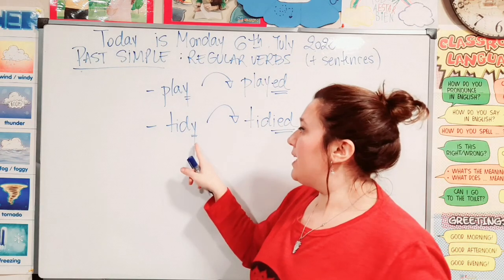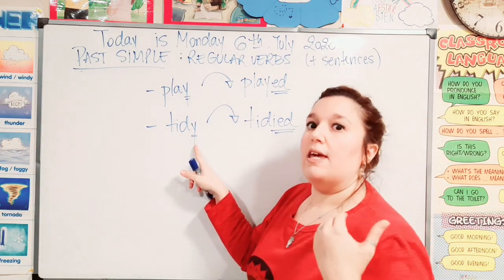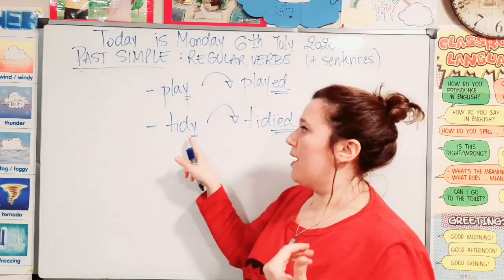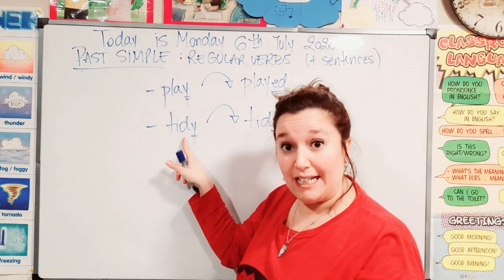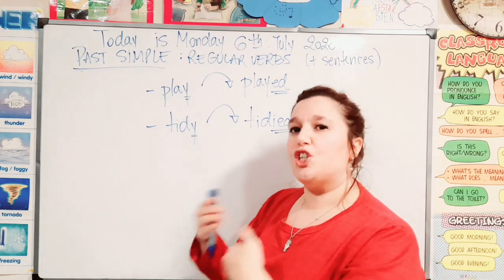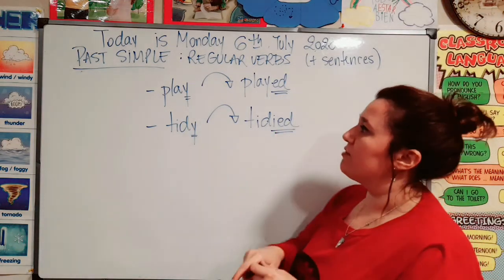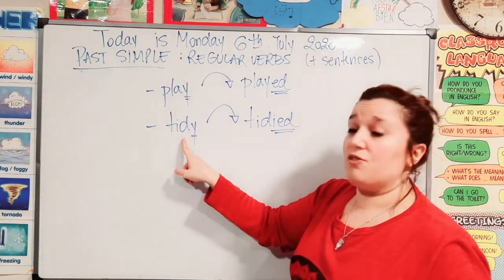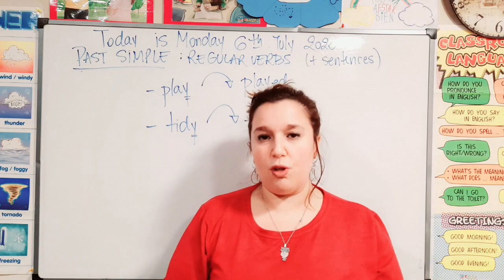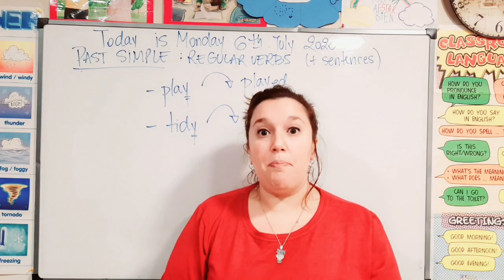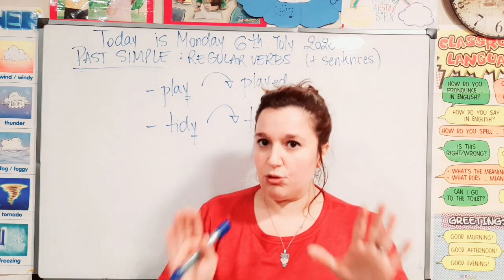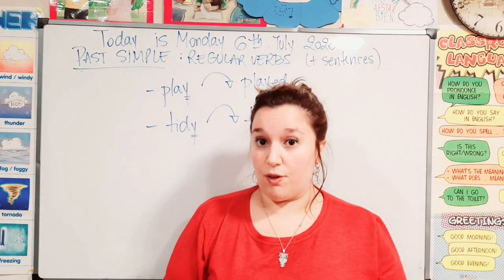But when we have the Y and before the Y we have a consonant, in this case the D, we have to change the Y. So with a vowel and with a consonant, we have different forms of making the past simple of a regular verb.